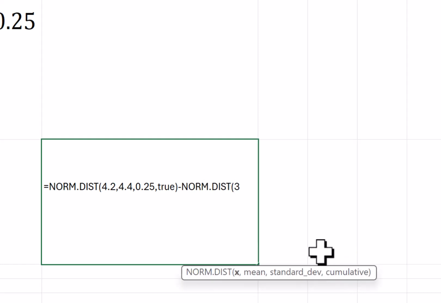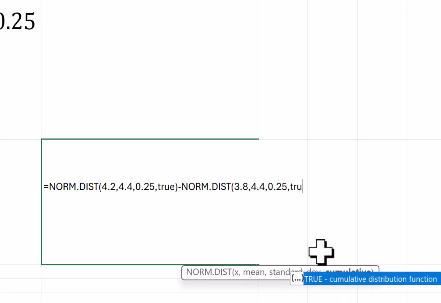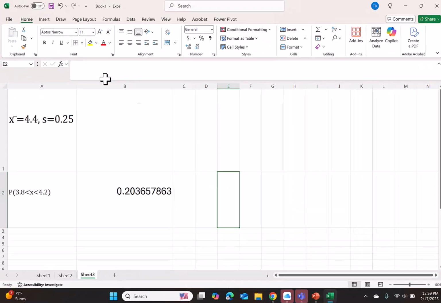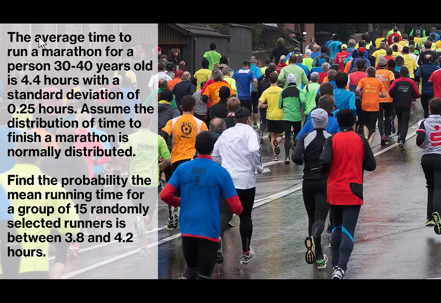Put in your smaller value 3.8, back to the mean 4.4, standard deviation 0.25, also true, close parenthesis, push equal. Making that bigger, you can see that this is 0.20365. I could call that 0.2037.